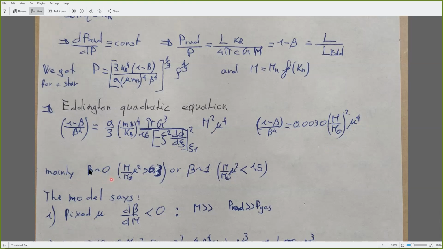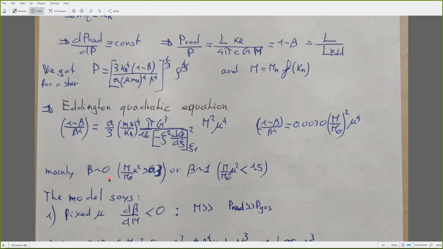Essentially, we see that beta is mainly close to 0 or close to 1, from looking at the graph of this one. That means that this value is 6.3 or approximately 1, which means that it's essentially gas, from the same variable, the mass multiplied by the molecular mass to the square, less than 1.5.